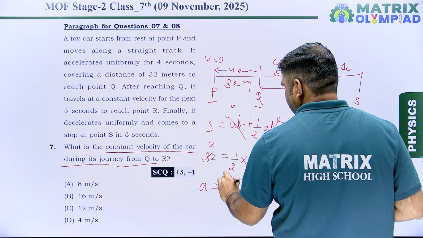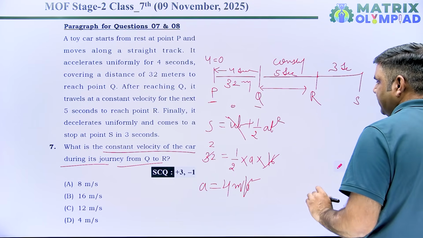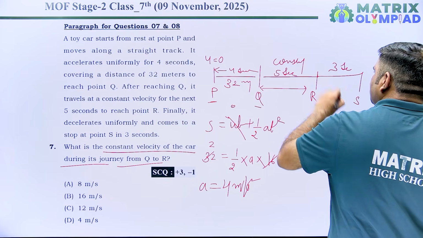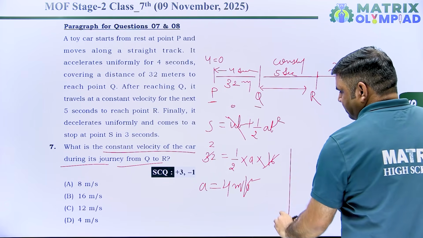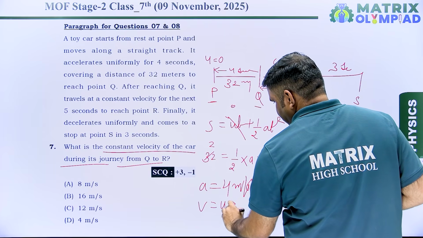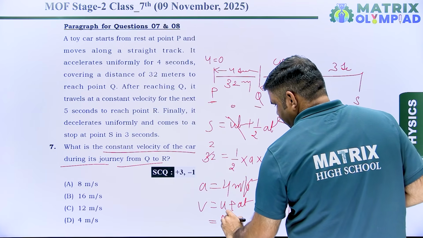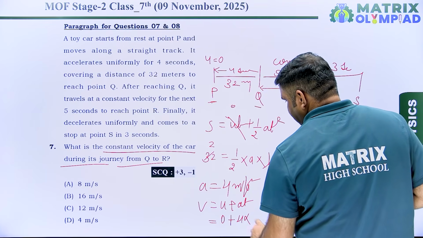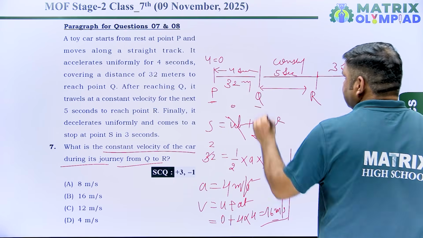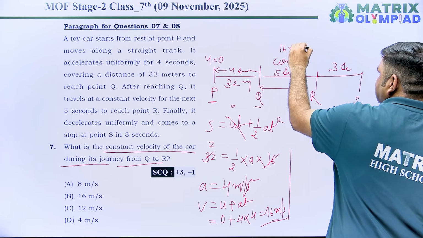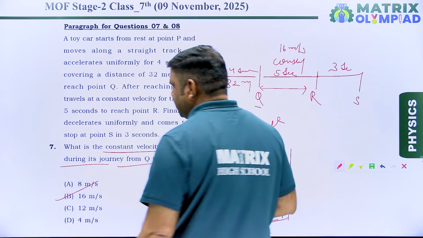So now we get a, which is 4 meter per second square. And we know that from Q to R, we have a 5 second duration. So we can find v is equal to u plus at. So u is 0 for P to Q, plus a is 4 and t is 4. So 16 meter per second is the constant velocity for Q to R. So our correct answer will be option number B.